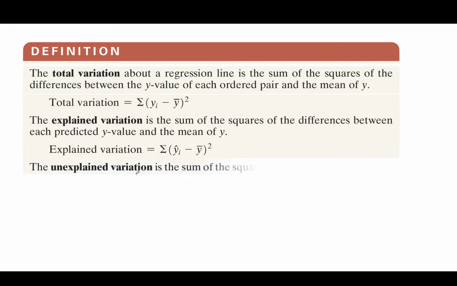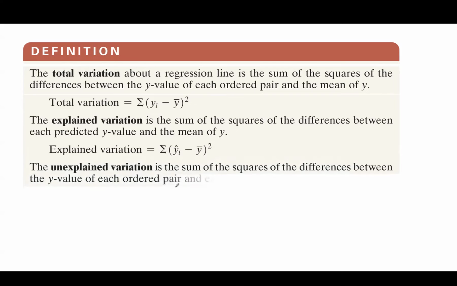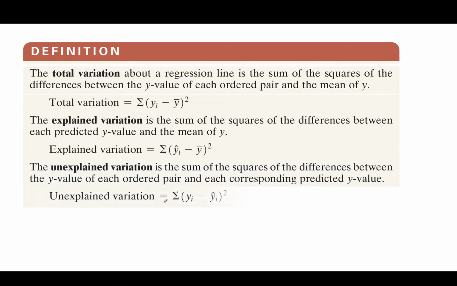For unexplained variation, this is the summation of squares of the differences between the y value of each ordered pair and each corresponding predicted y value. We can write it this way. Unexplained variation is the summation of the difference between the actual y value and the predicted y value to the second power.